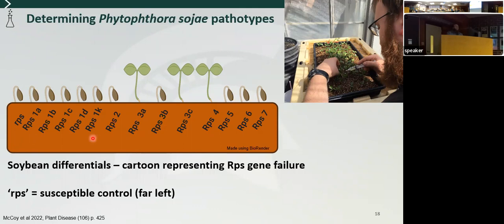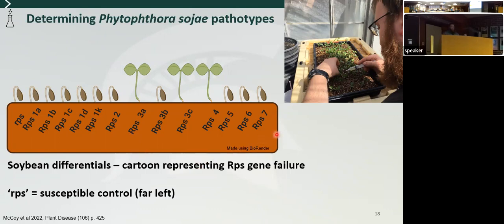There were some instances where we did see some leading lesions and not total plant death, and those were still considered susceptible. But what I thought was really interesting was the resistant plants, you can barely even tell they were inoculated by the time you go back. You can see a small scar on the hypocotyl, but otherwise they're still vigorously growing, many times being at V1 by the time we get back.